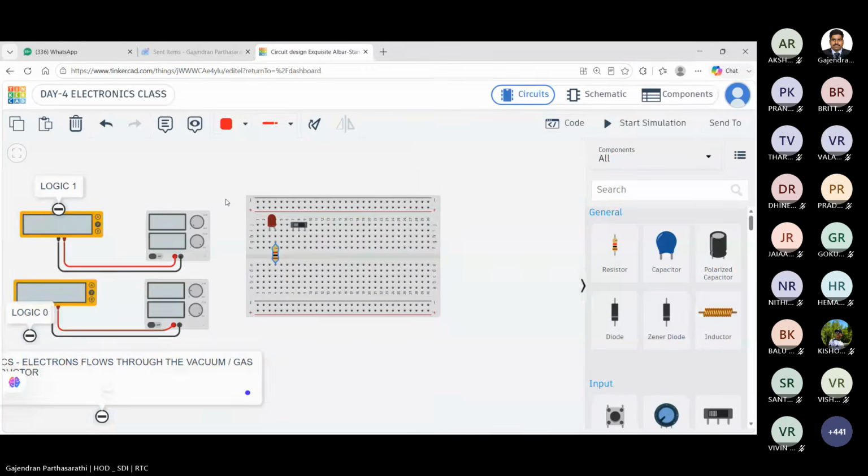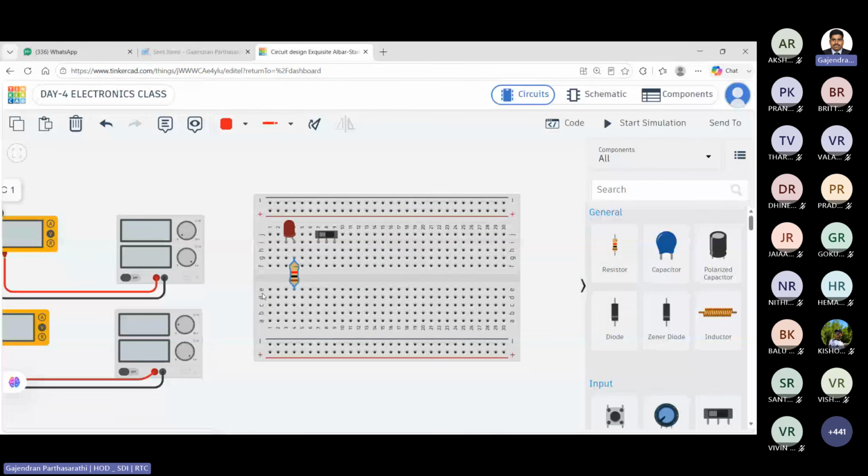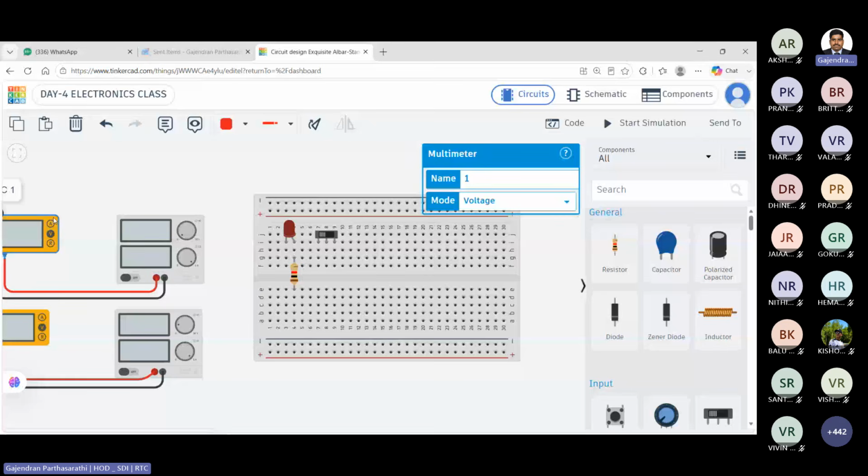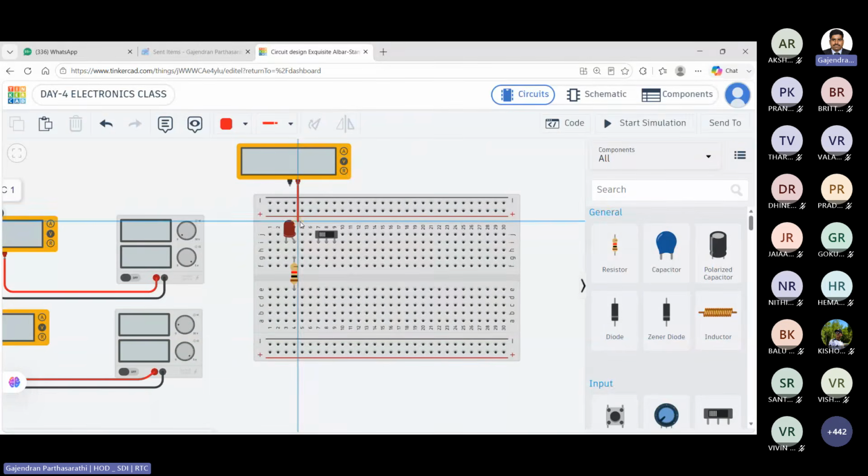Then we give the supply to the LED. If I want to measure the voltage across the LED alone, the power supply reading won't give the exact value. I need to connect one multimeter across my LED. Then only will I get the voltage across the LED. That is the purpose I took a separate multimeter.